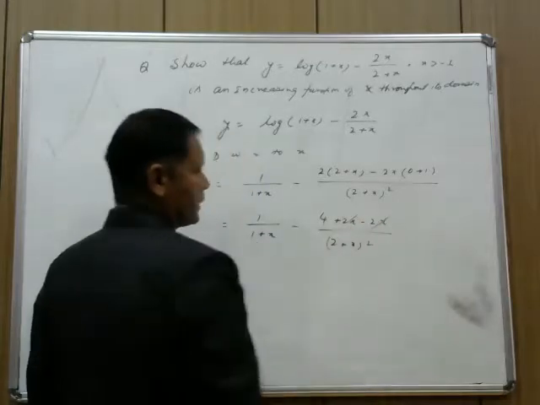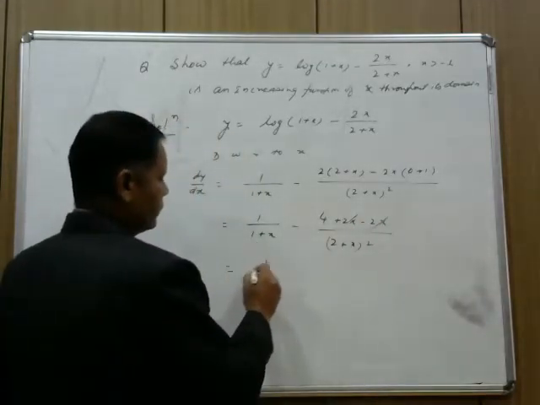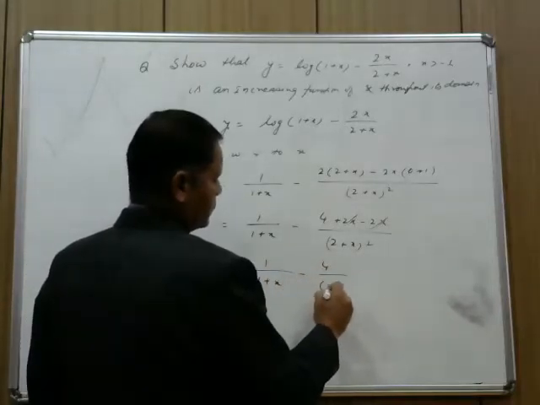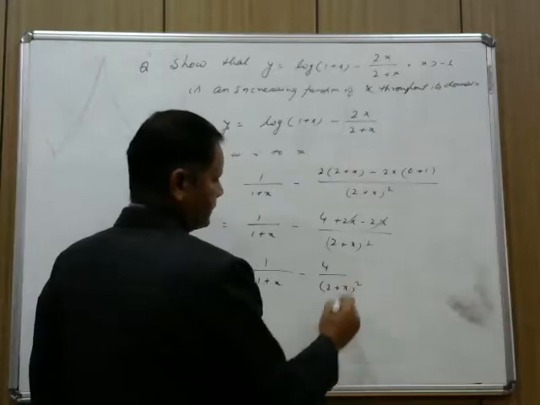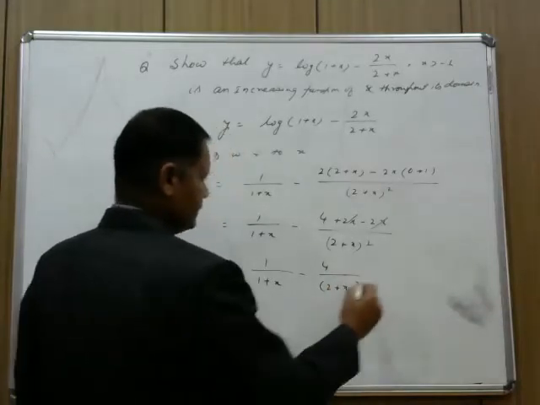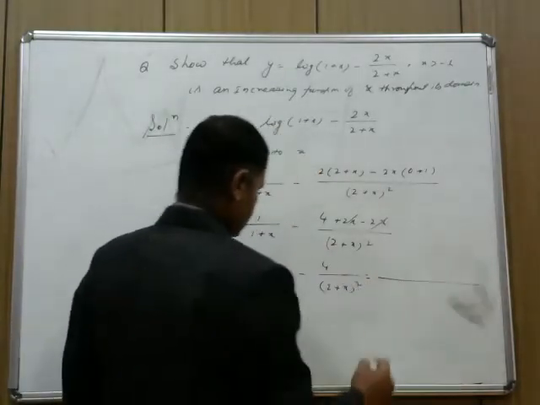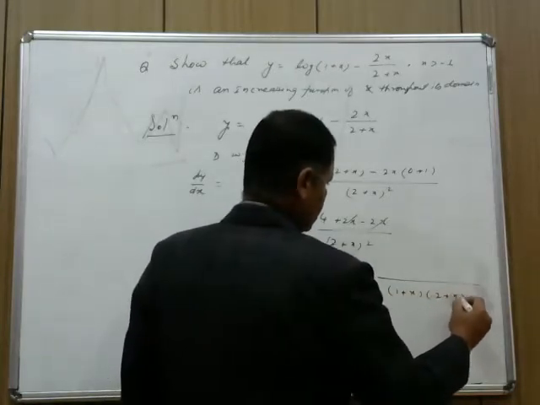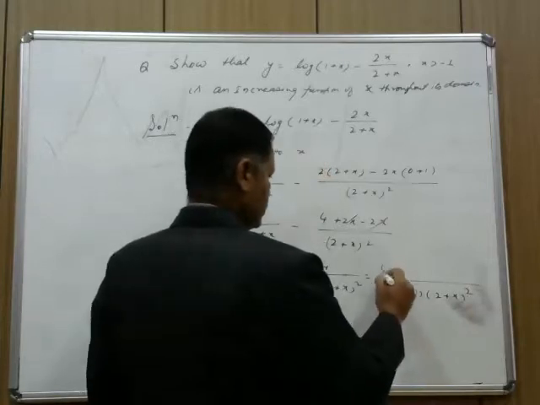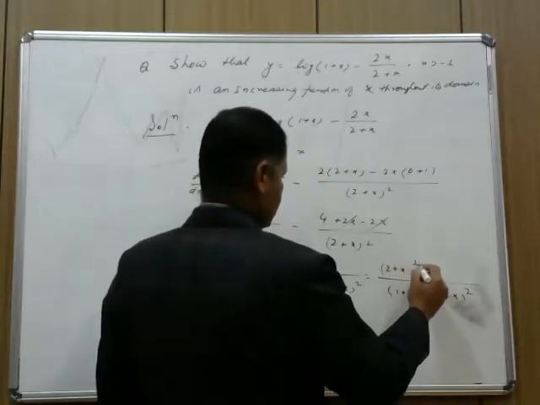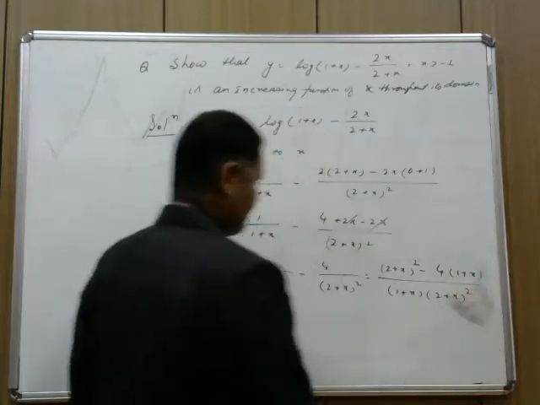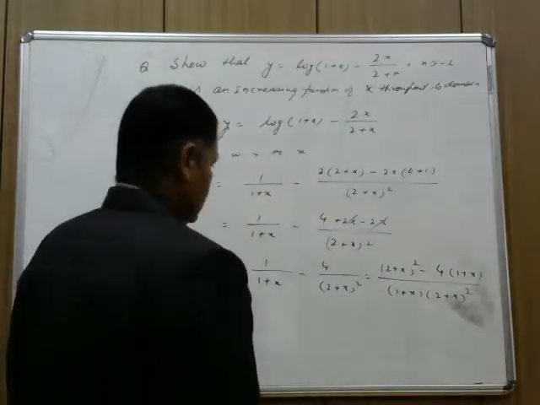This 2x and 2x is cancelled. Now what is left is 1/(1 + x) minus 4/(2 + x) whole square. Take the LCM. The LCM will be (1 + x) into (2 + x) whole square. Now the numerator is (2 + x) whole square minus 4 into (1 + x). Right?